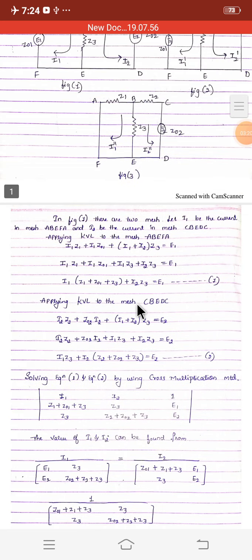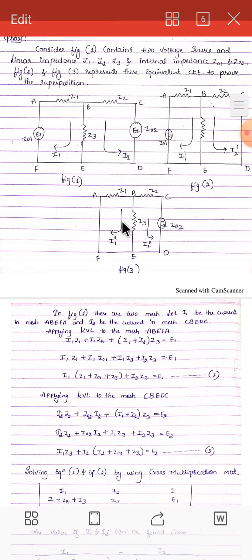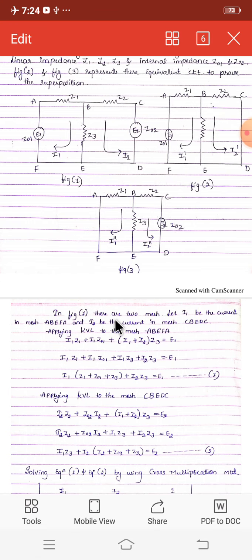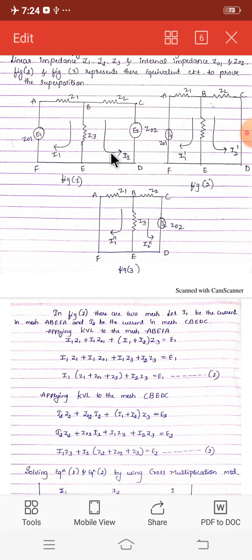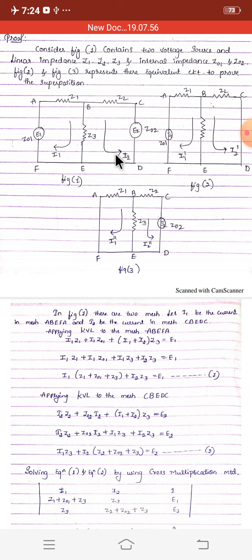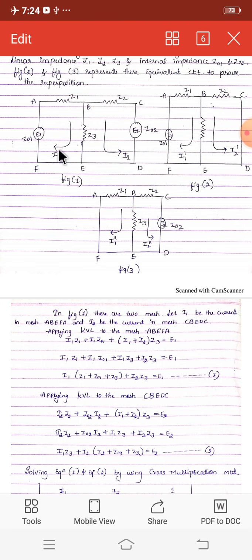Okay, now see here. In figure 1, there are two meshes, the first mesh and the second mesh. All of you are familiar with the mesh. Let I1 be the current in mesh ABEFA. This is the current flowing through the first mesh.